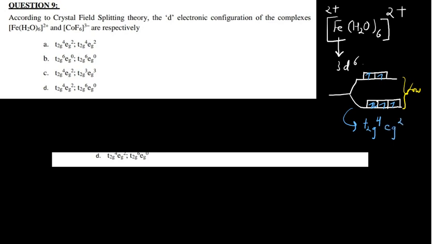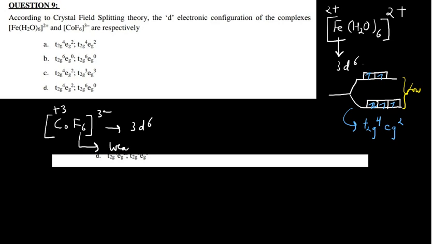Okay, now write the configuration for this one. [CoF6] 3 negative, it is given. That means cobalt is in +3 oxidation state. When cobalt is in +3 oxidation state, it is another 3d6 system, and F is the weak ligand.